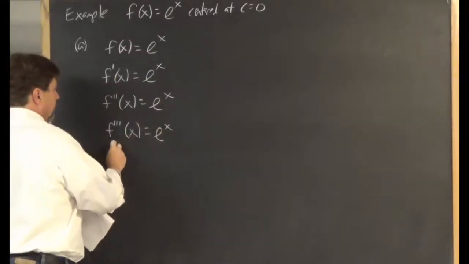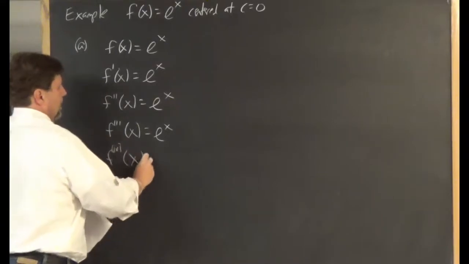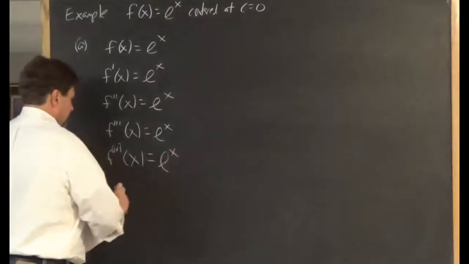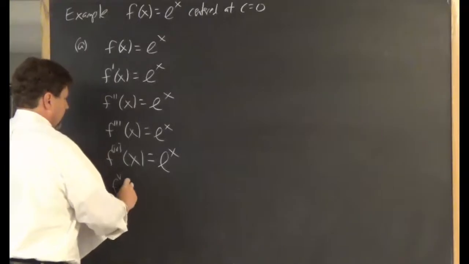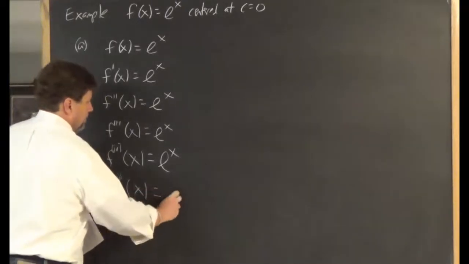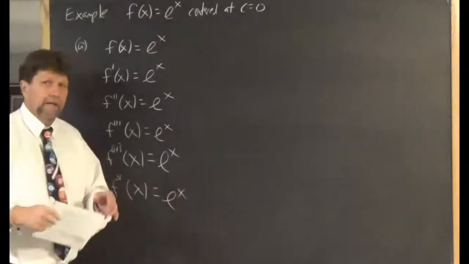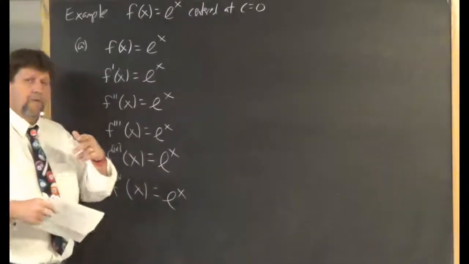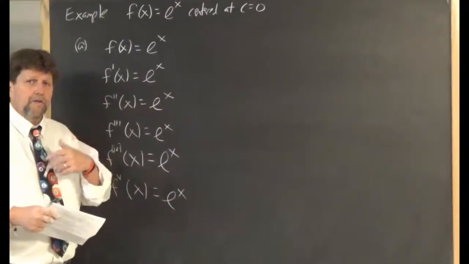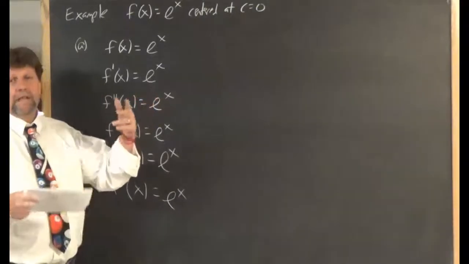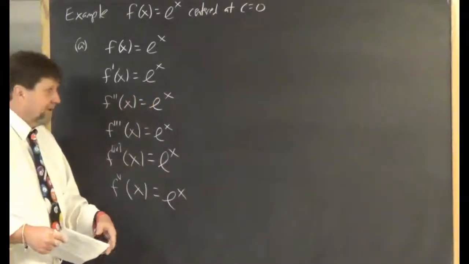Fourth derivative, yep, e to the x. Fifth derivative, e to the x. And I'm stopping at the fifth derivative because we wanted to go of orders up to 5. If it's set up to 6, I would write down what the sixth derivative is, but they're all e to the x.